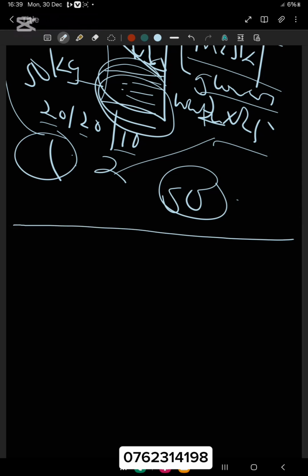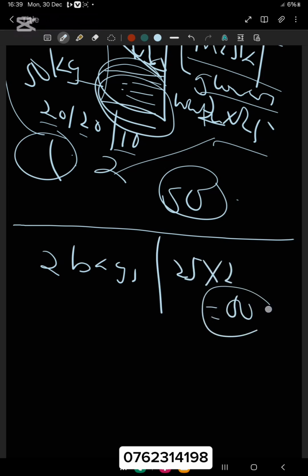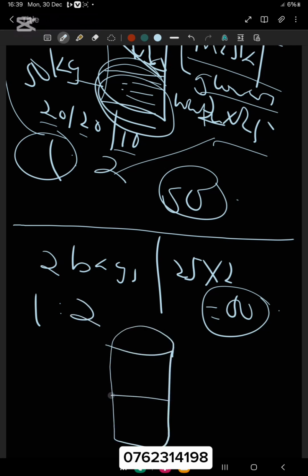So you first determine the calculation, how many bags you're putting in. Let me give you a last calculation. If you have two bags of caustic, each bag has 25 kg, meaning that the 2 are 50 kgs, and you want to make the solution at a ratio of 1 to 2, you just get your drum and determine your water. If 50 kg is the caustic soda, it's 50 times 2, meaning that water is 100 kg, so you pour in water.